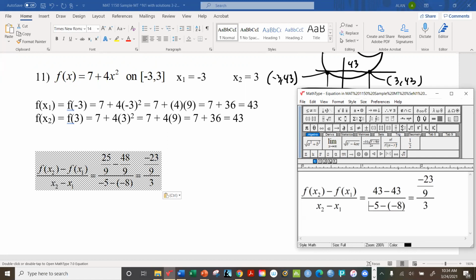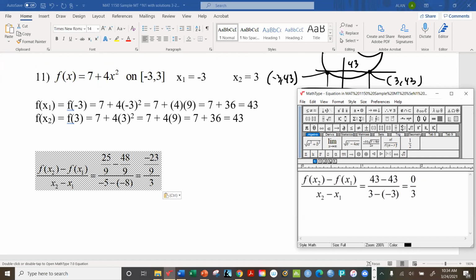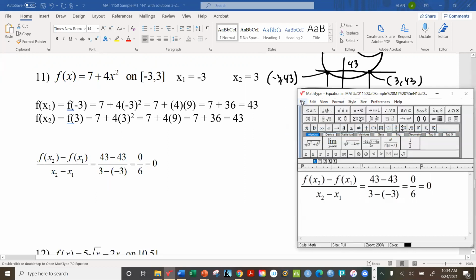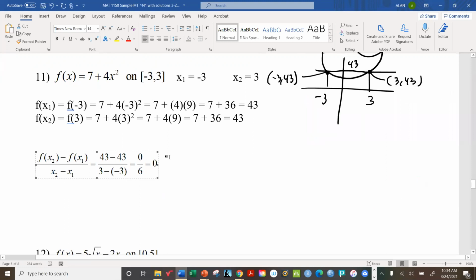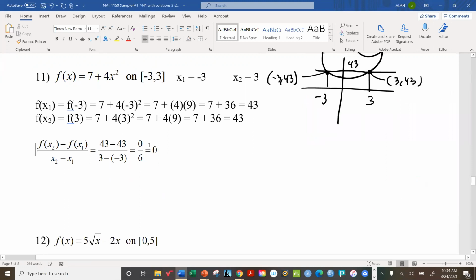In the denominator, we have 3 minus a minus 3. But the denominator is actually kind of irrelevant here because we have 0 in the numerator, and 6 in the denominator, and that just leaves us with a 0. Very good. So that was unusual.